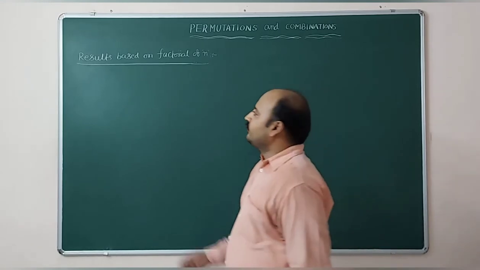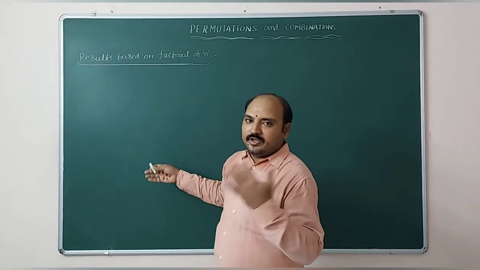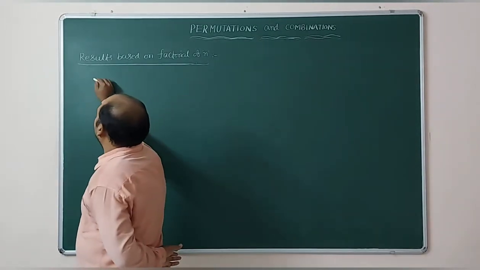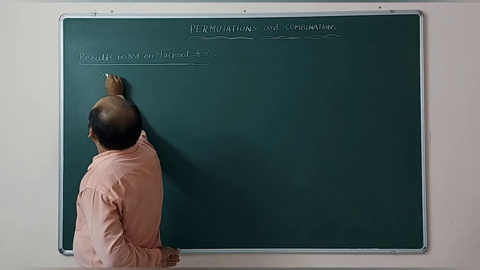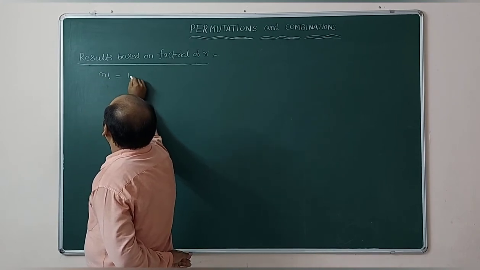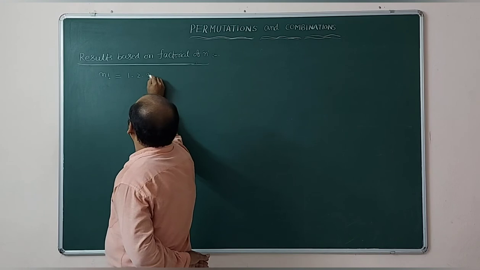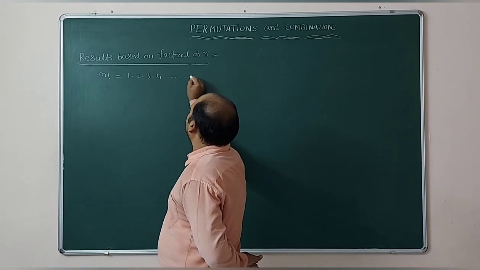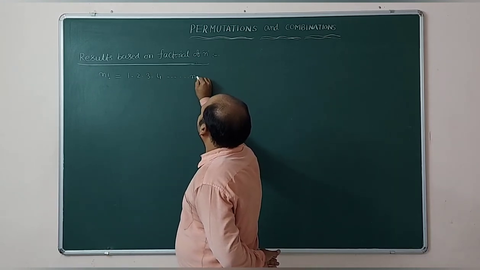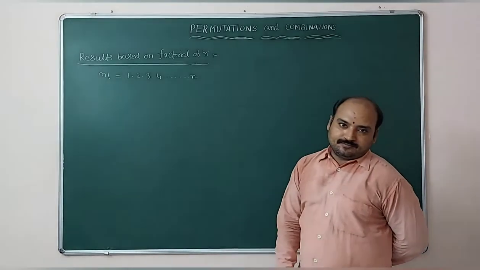Now the next topic. Just now, once again I recall the values. n factorial means 1 into 2 into 3 into 4 and so on, the product of n terms.